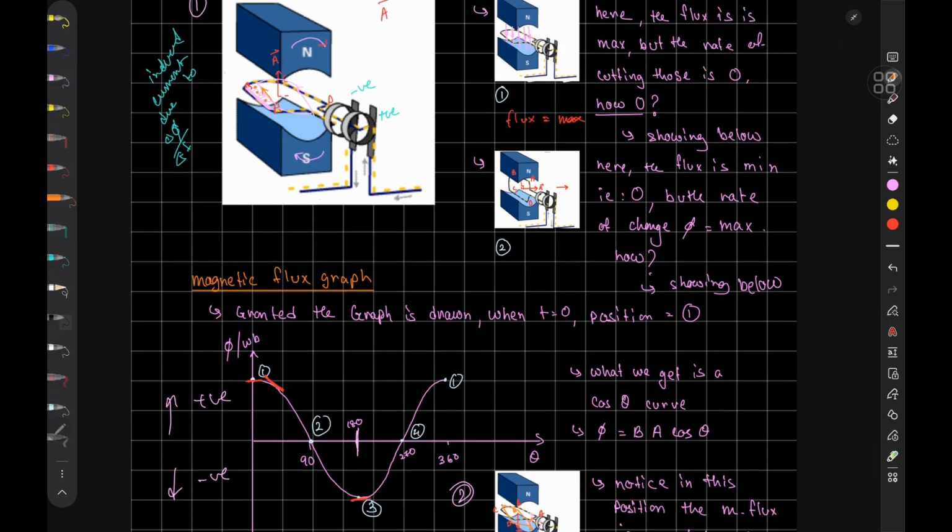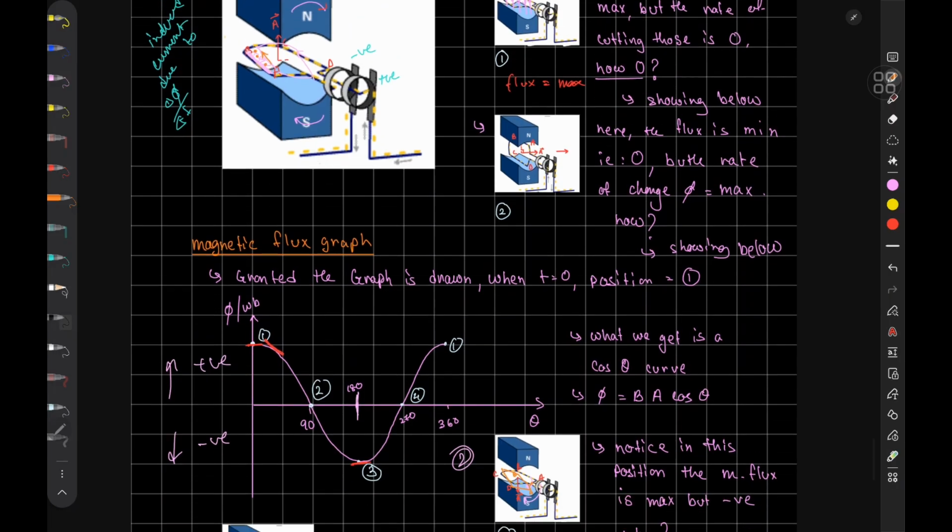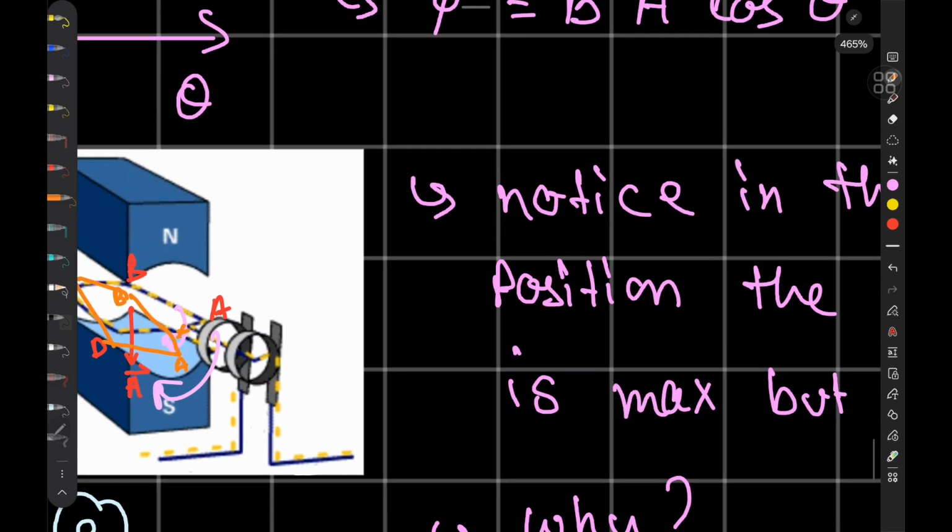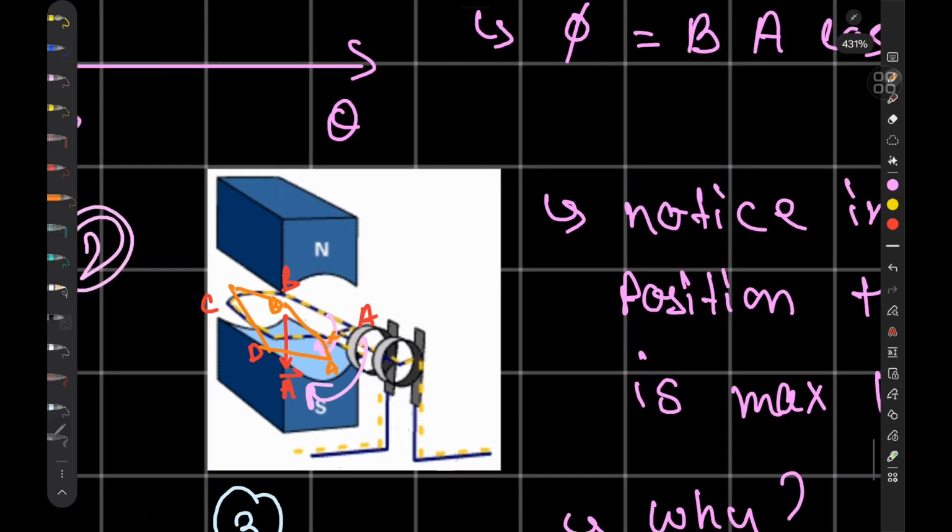A lot of current going from A to B. Now, since there's a flux change over here, initially there's a flux change that is through the page, and a current will be induced such that there is magnetic field lines out of the page in that direction. And if I wrap my hand around, you know what I have? Well, I will have current in this direction. Try it out yourself.